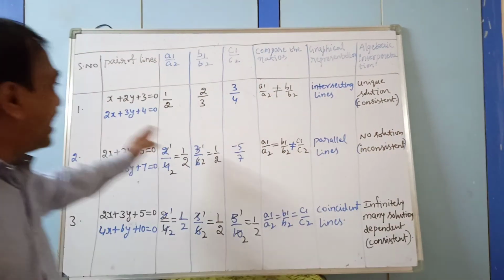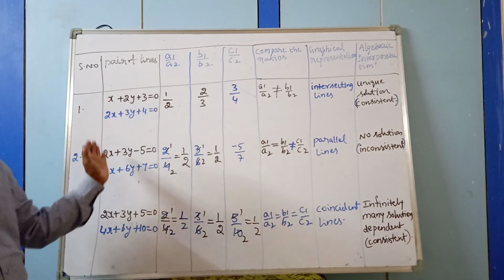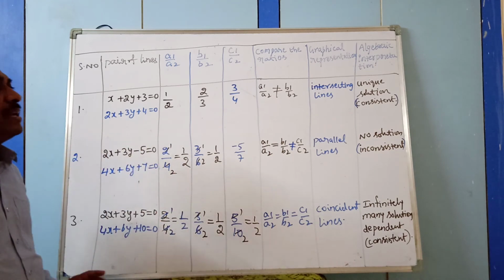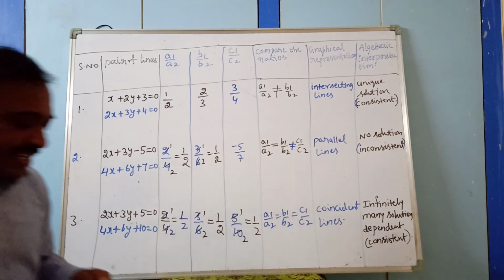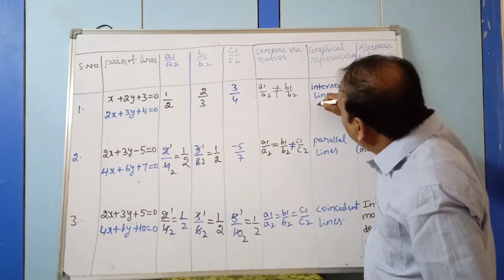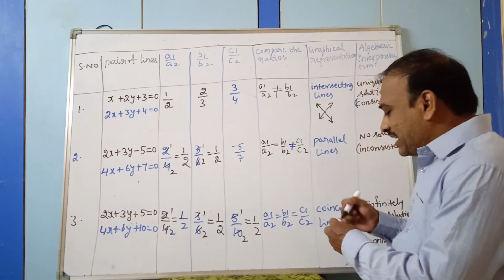So this is how we represent. By taking the ratios, we can say whether the lines are intersecting lines or parallel lines or coincident lines. Intersecting lines will be like this. Then parallel lines, how will they be?